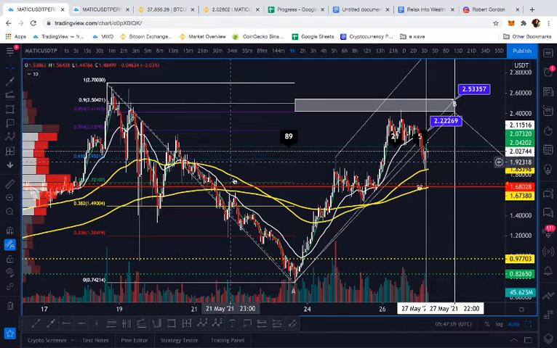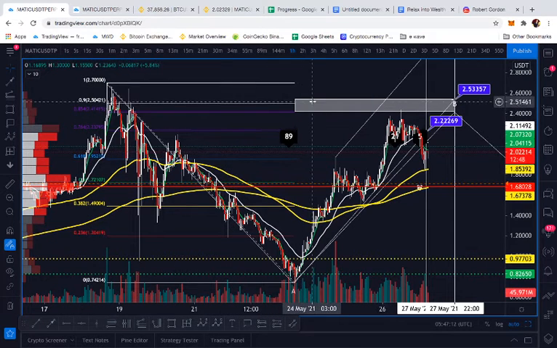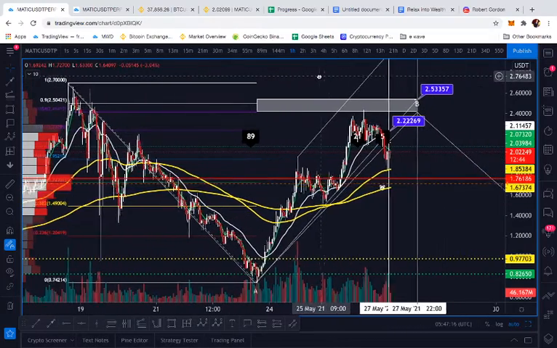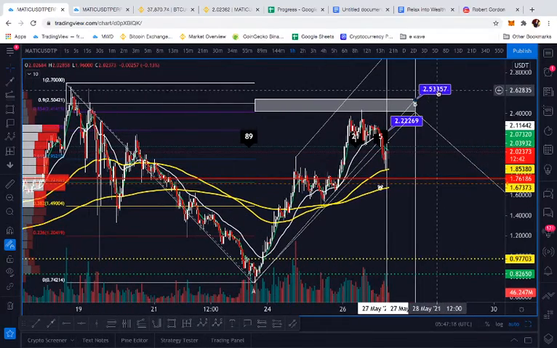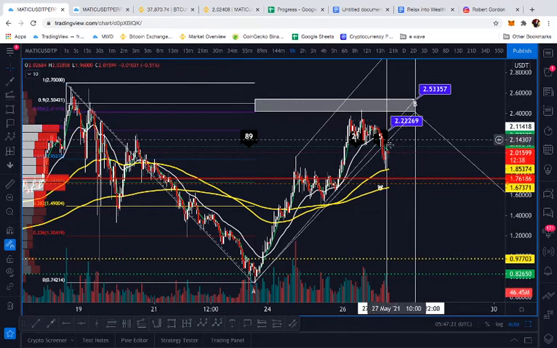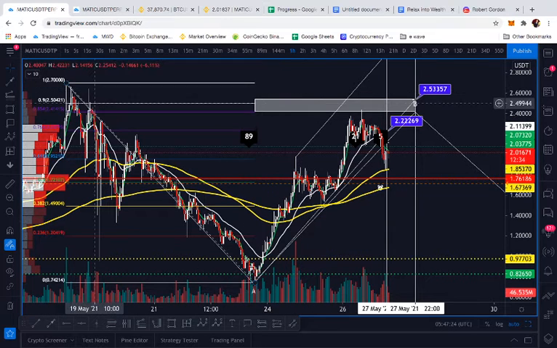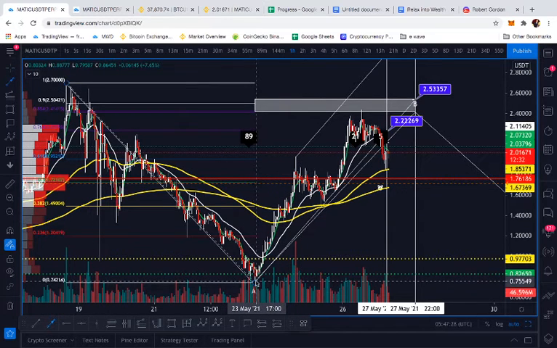These are all B wave targets, depending on how much pressure there is to the upside. So it could have gone all the way up here, just this box, and really it's this trend line that we're watching. So this can continue upwards, and that's what we're looking for here.